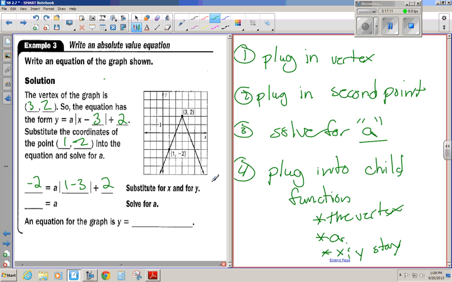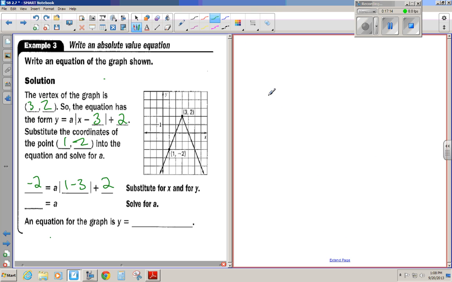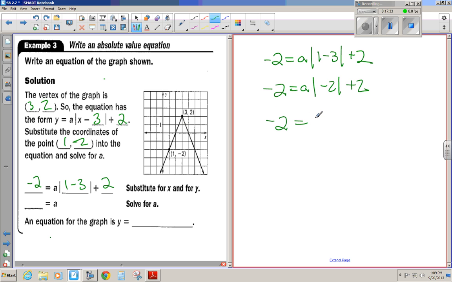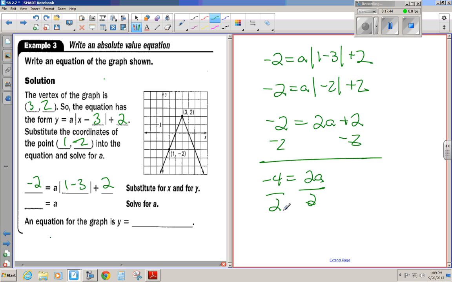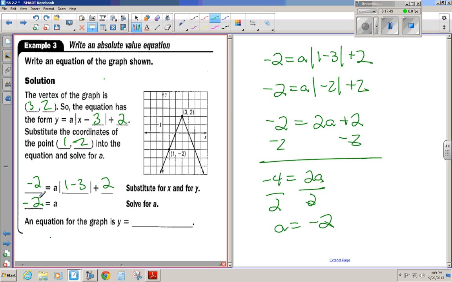So solve for a. 1 minus 3, the absolute value of negative 2, makes this 2a plus 2. Let's subtract 2 from both sides and divide by 2. And now a equals negative 2.